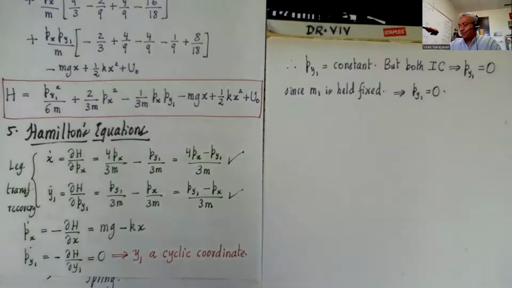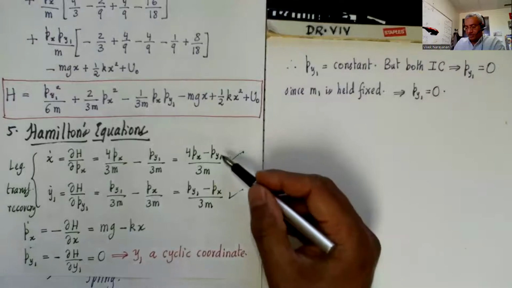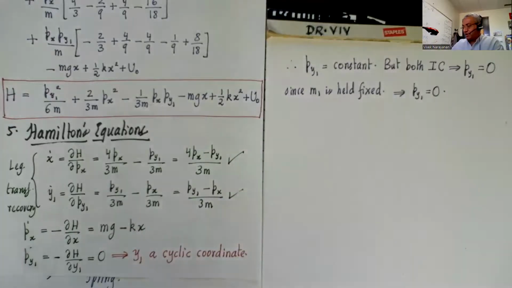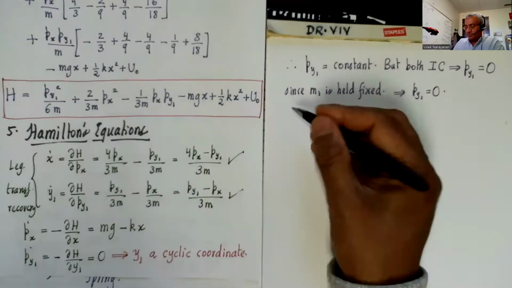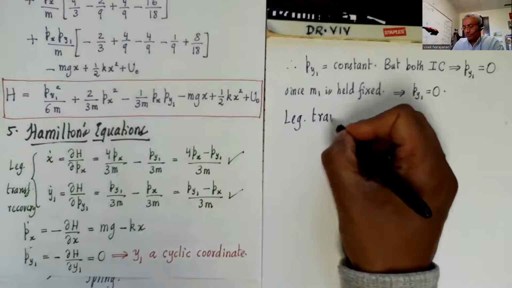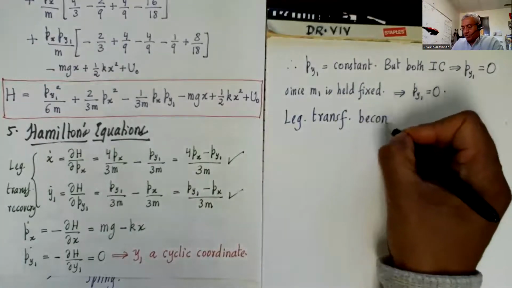So what we can do now is use the Legendre transformations again. Those Legendre transformations do encode some important information. Since Py1 is 0, we can look at the Legendre transformations and see what happens to them. So they become the following.